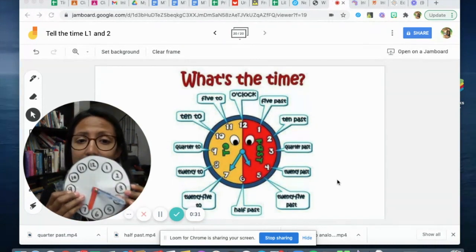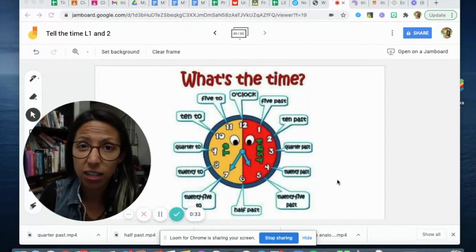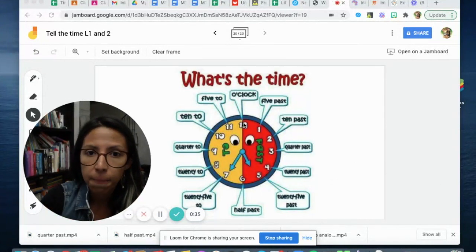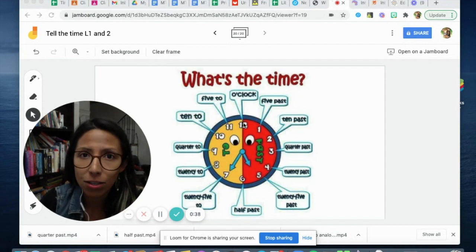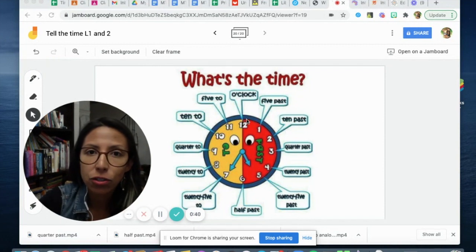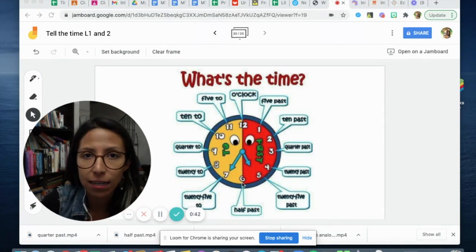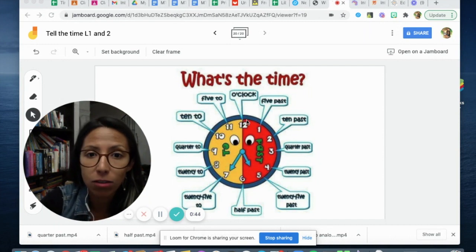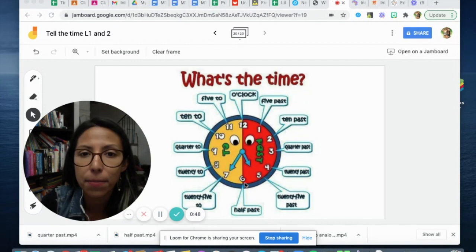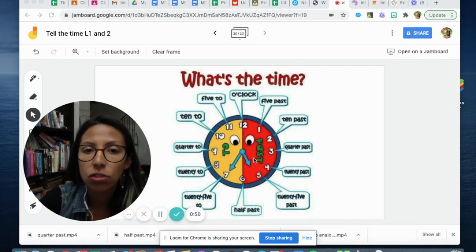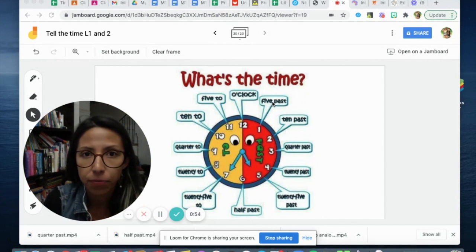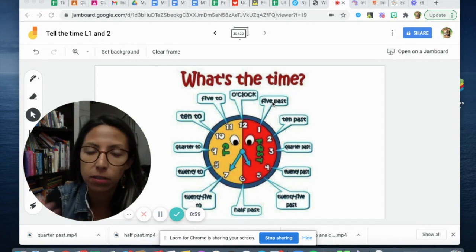And on the right side, when we are talking about minutes, we are going to use all the right side of our clock, from minute 1 to minute 30, to say past. So we would say 5 past the hour, 5 past 1, 5 past 2, 5 past 3.